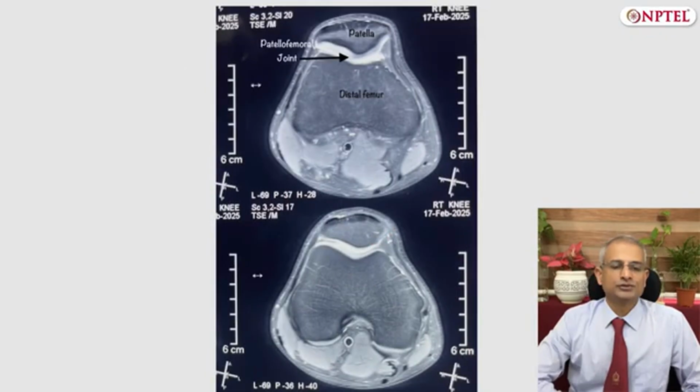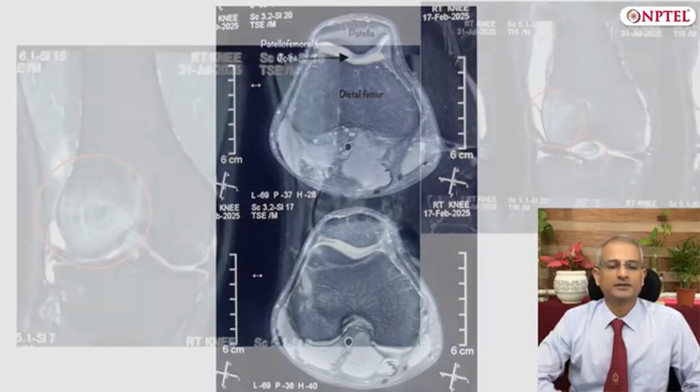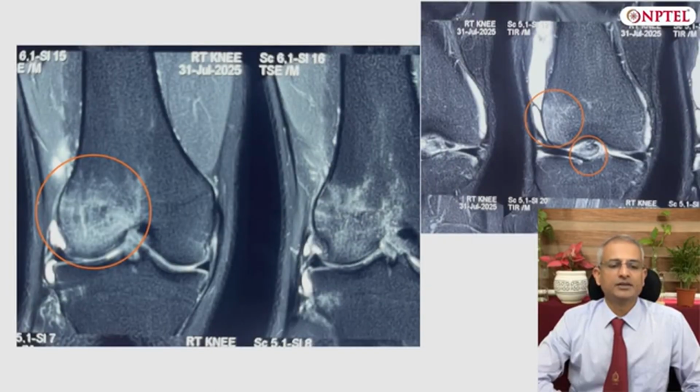This next slide shows how clearly you can see the patellofemoral joint. The next slide shows bone marrow edema, which is suggestive of severe bone contusion. This is generally seen in a severe injury where you can expect other ligamentous injuries as well. Like in this case, there is an ACL tear.